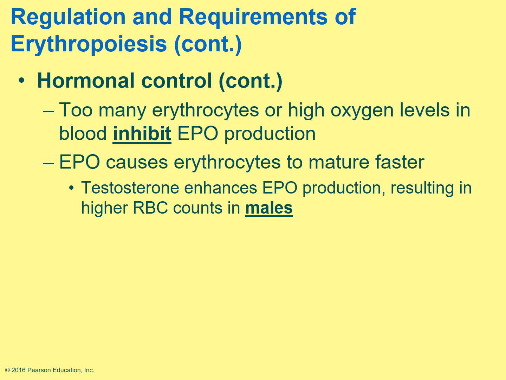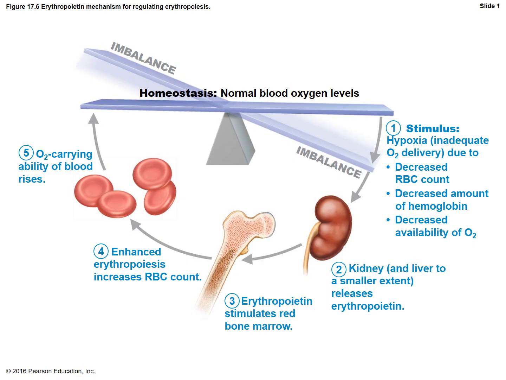No. Just slow it down a bit. Testosterone does enhance the EPO production, so that's why red blood counts are higher in males than in females. So this is showing, as you've seen before, the attempt to maintain homeostasis, and the amount of red blood cells is going to be related to the blood oxygen levels.